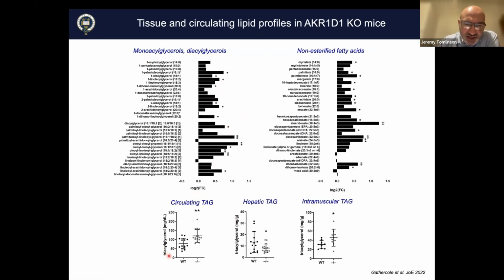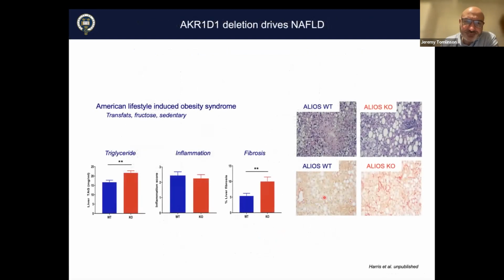We certainly saw circulating triglyceride levels were elevated, and intramuscular triglyceride levels were elevated. But somewhat to our surprise, and we still don't quite have the explanation for this, hepatic triglyceride was actually slightly lower in our AKR1D1 knockout in comparison with our wild type controls, accepting that it was quite a wide spread of total triglyceride content. But certainly within the circulation, what you might perceive as quite an adverse lipid profile.